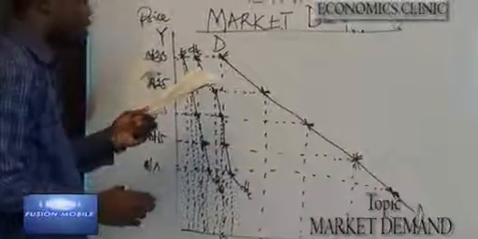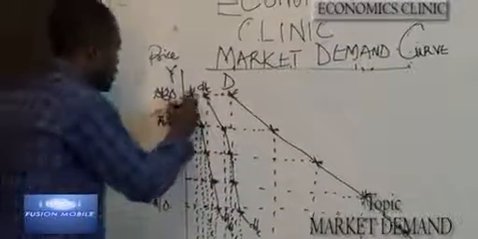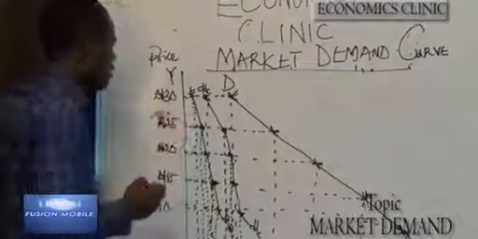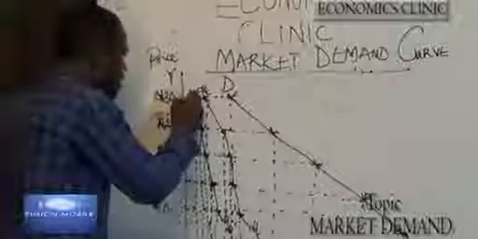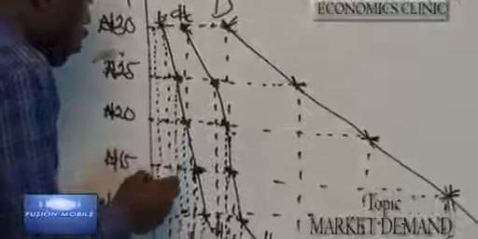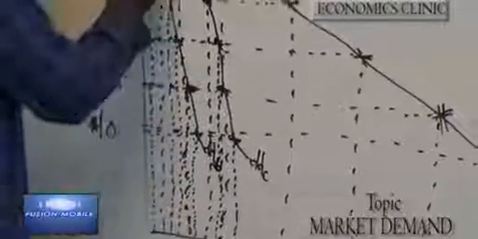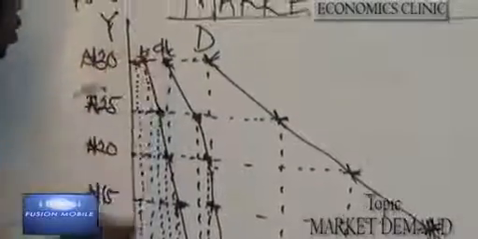The next one is quantity A. Quantity A, where you have 1 at 30 naira. So 1 can be from here. Using your graph book, you will be able to calculate this very well. At 25 naira, we have 2.